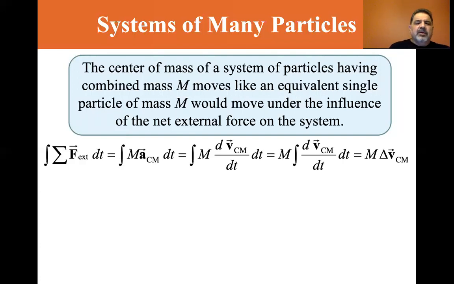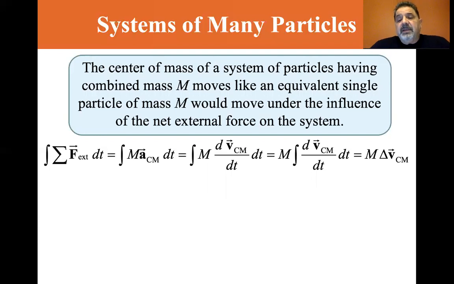So the integral of the external forces dt is equal to the mass times the acceleration of the center of mass dt. Well, the acceleration is dv/dt, the time rate of change of velocity.